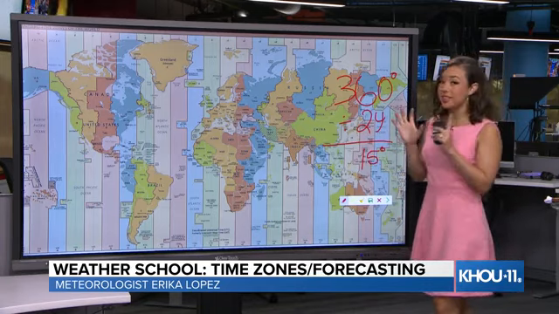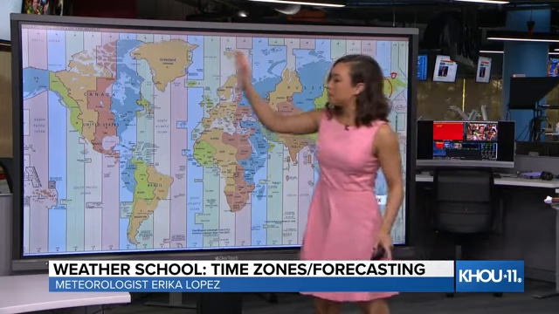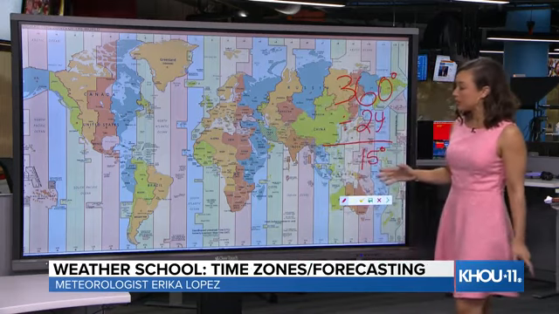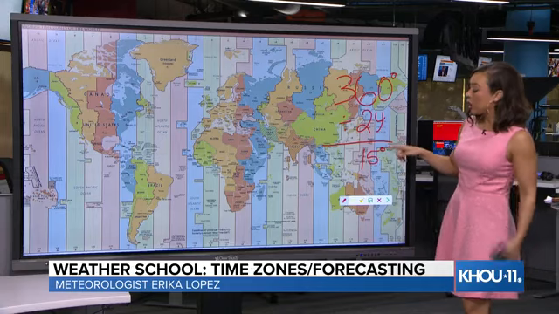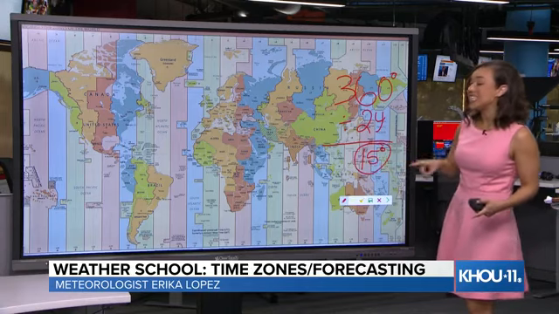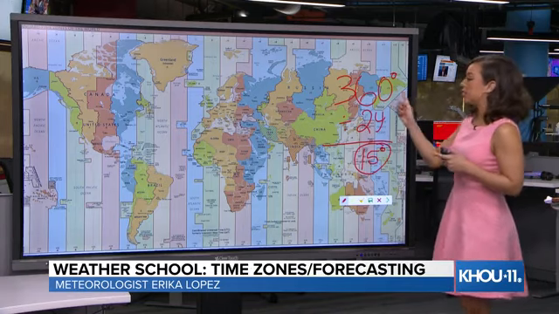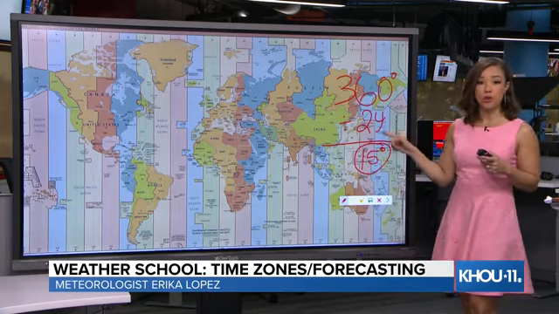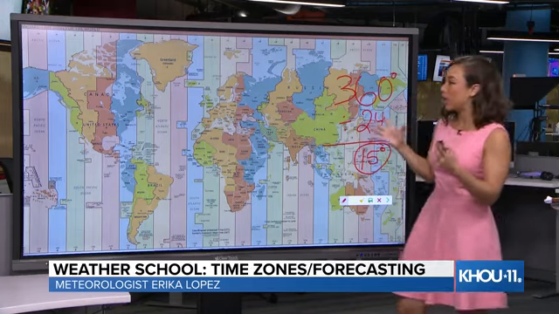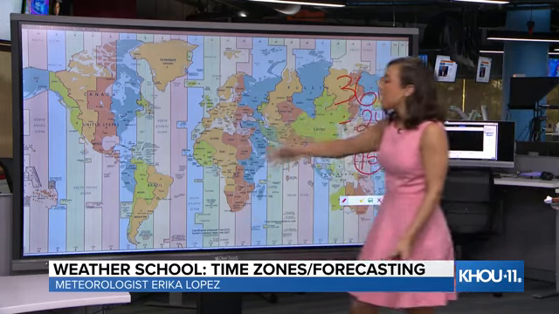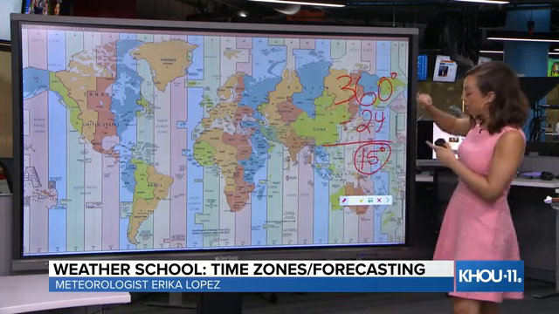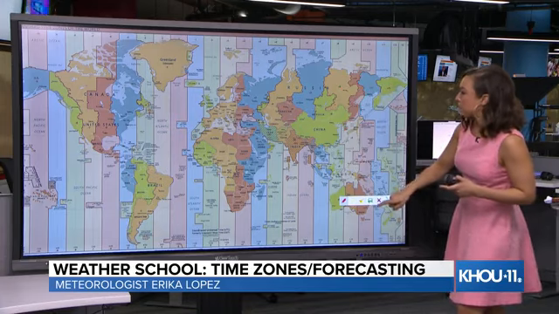So what this means is that this map, separated into 24 parts, the globe moves 15 degrees every hour. And once it completes that 360 degrees, it completes 24 hours. So that encompasses our entire day. If the globe were to go all the way around, it encompasses the entire day.